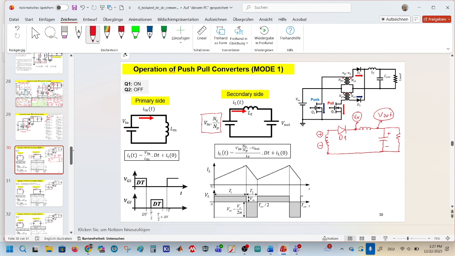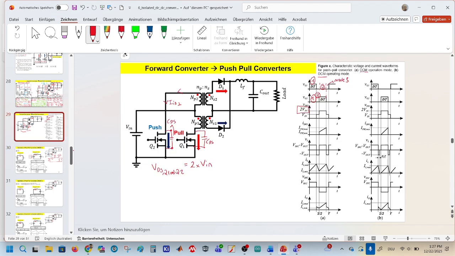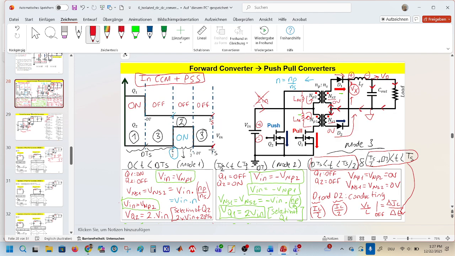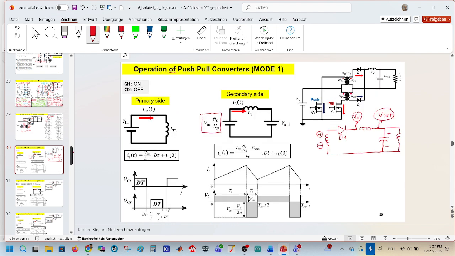As we told before, for the first mode, there is a voltage induced here, and this voltage is equal to the voltage on the second secondary winding, and we defined NS1. NS1 is on the bottom side of the secondary of the transformer.